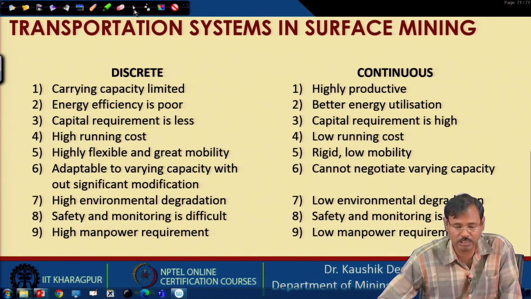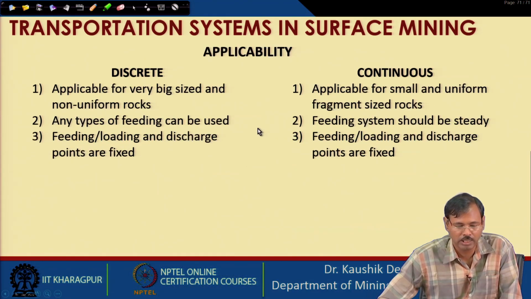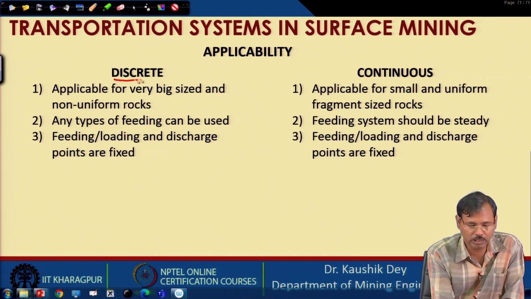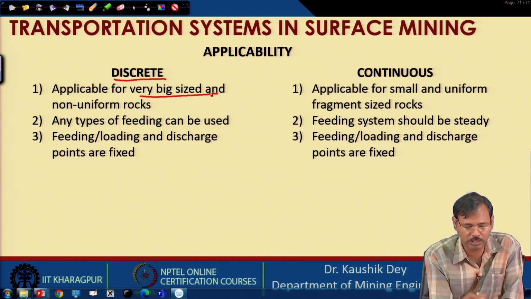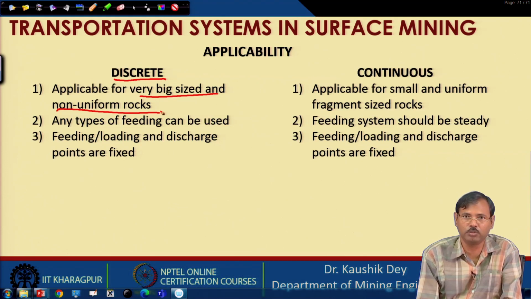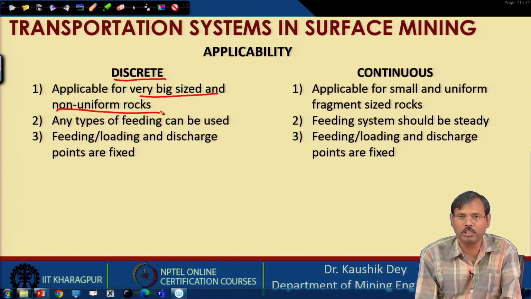The main point is that the continuous system is highly productive and that is why it is very efficient. But when we look at applicability, the discrete system is applicable for very big sized boulders and non-uniform rocks. That means even if the fragmentation distribution is poor, it can be negotiated with this dump truck transportation system.